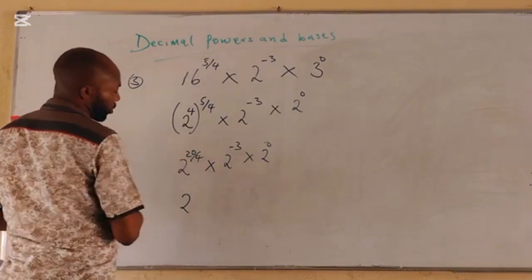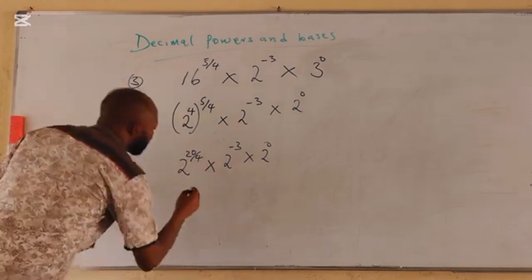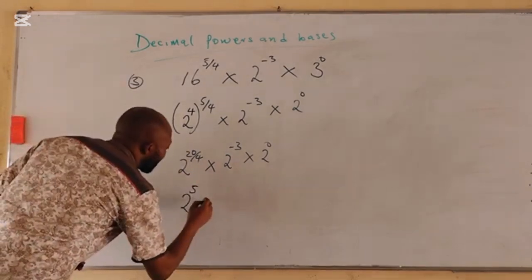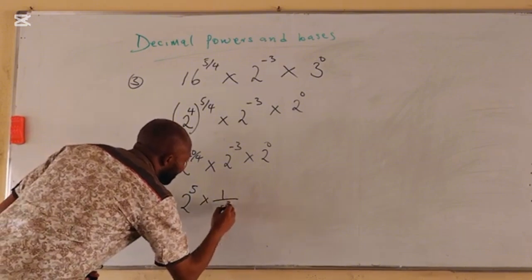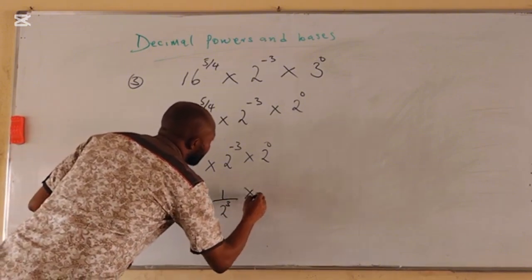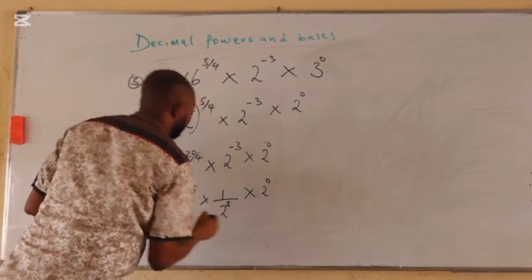So this becomes 2 raised to the power, 20 divided by 4 is 5, 2 raised to the power 5, times 1 over 2 raised to the power 3, times 2 raised to the power 0.